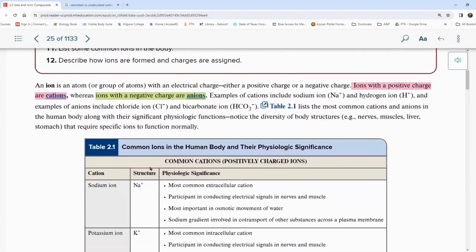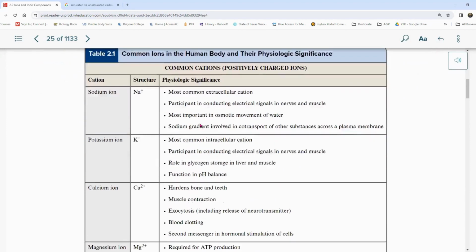If it has a positive charge, that means it's an ion called a cation. Ions with a positive charge are called cations. How I remember cations: cations has a T in it, and that T looks like a plus sign. So cations are positive, whereas ions that have a negative charge are anions.